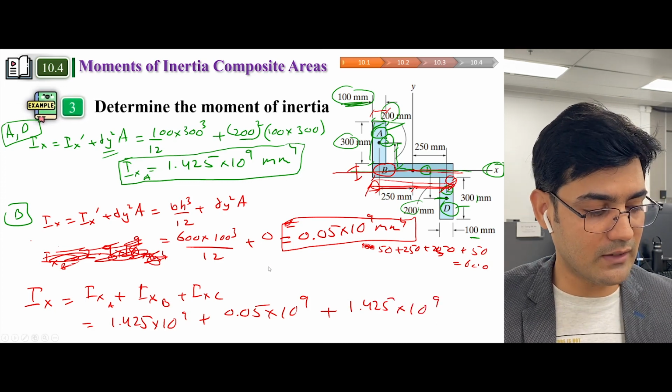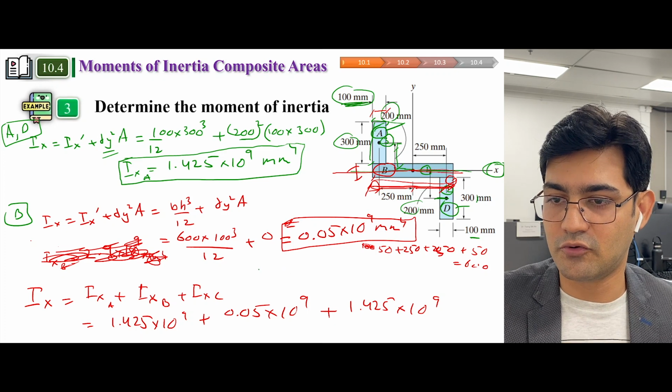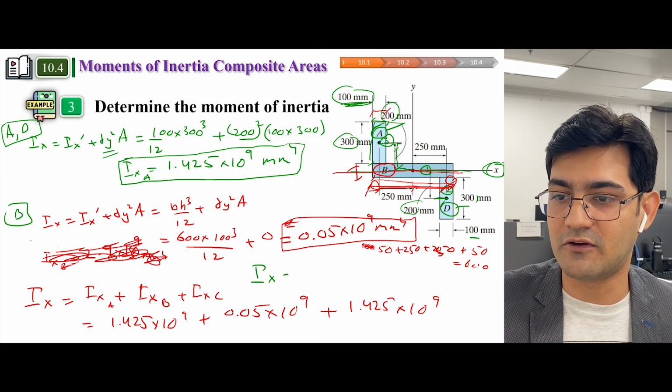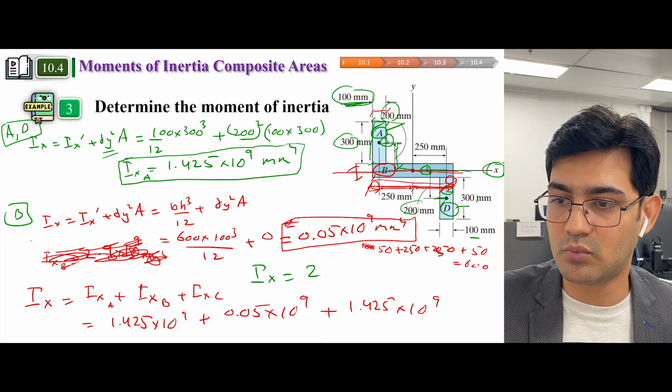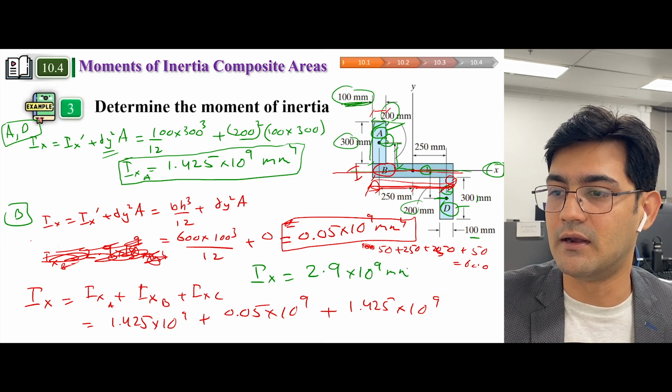If you calculate the total moment of inertia of this composite body, it would come out to be 2.9 into 10 raised to the power 9.